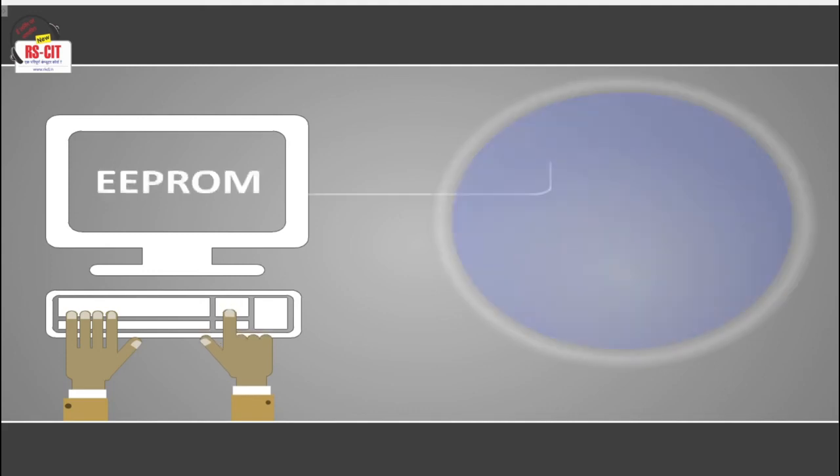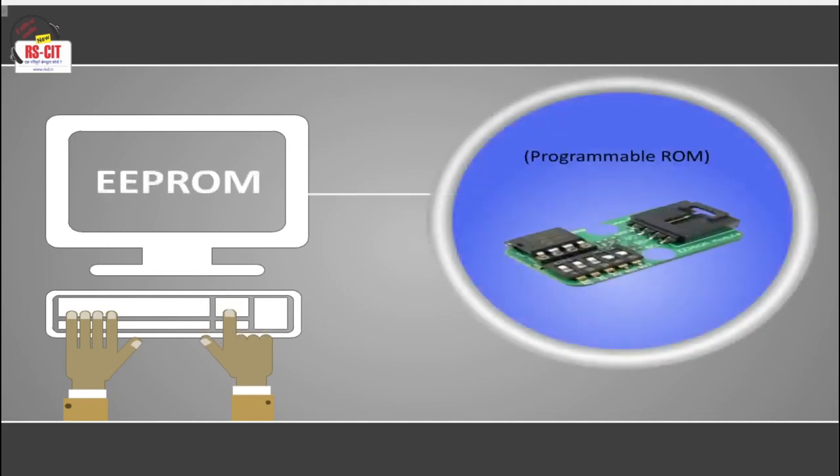EEPROM, that is electrically erasable programmable ROM, a rewritable memory chip that holds its content without power. EEPROMs are bit or byte addressable at the write level, which means either the bit or byte must be erased before it can be rewritten.